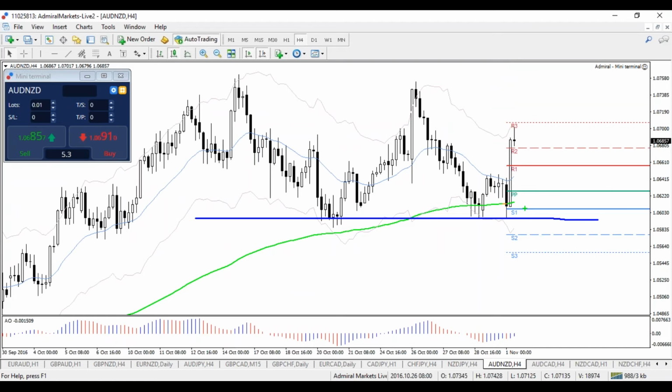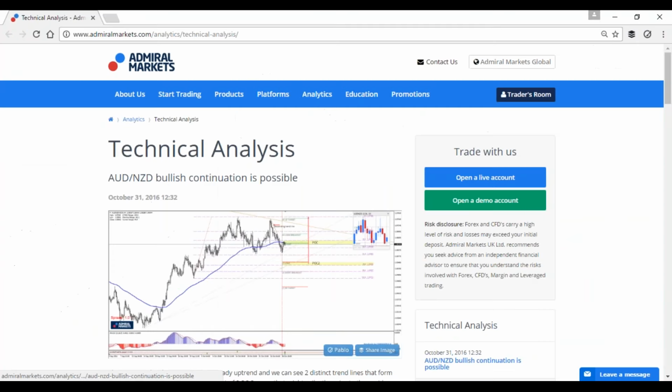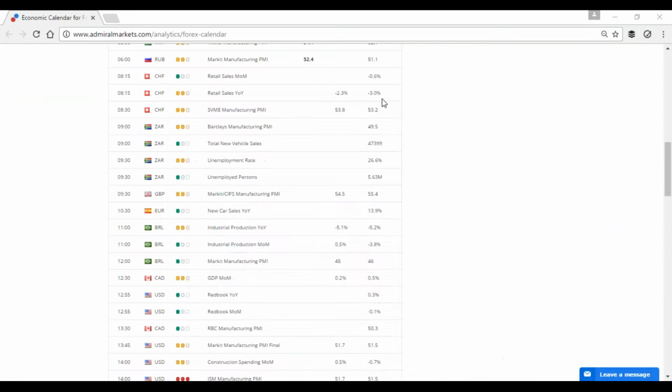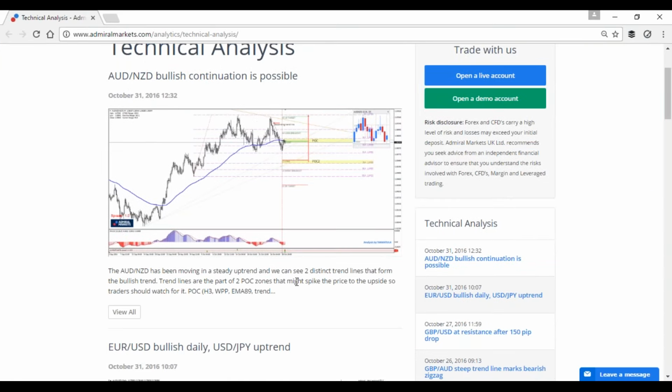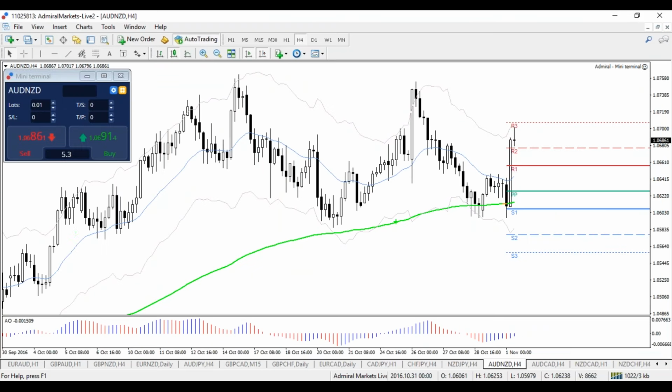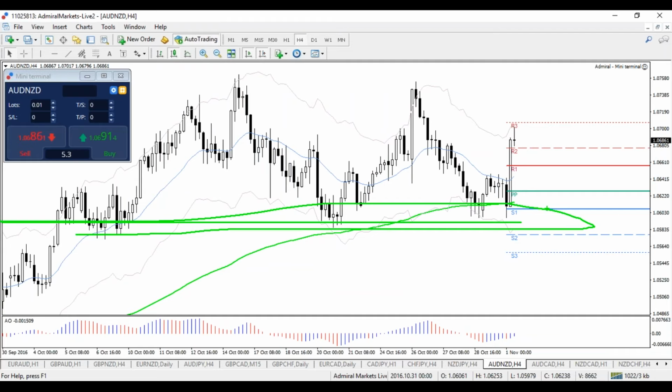I think Nenet, if my memory serves me correctly, talked about that as well in his analysis yesterday. Aussie New Zealand bullish continuation is possible. Yes, there you have it. He talked about that too, and me too, of course, last week. So this was a good bounce.